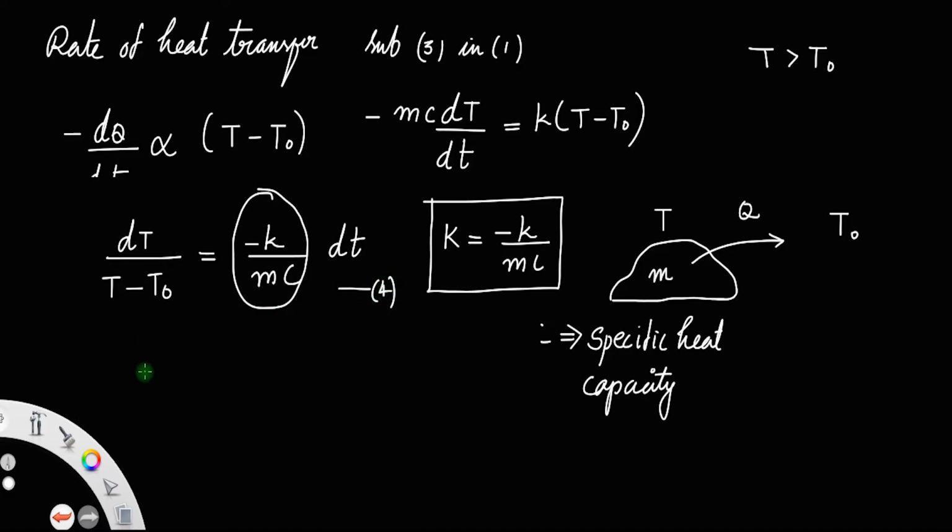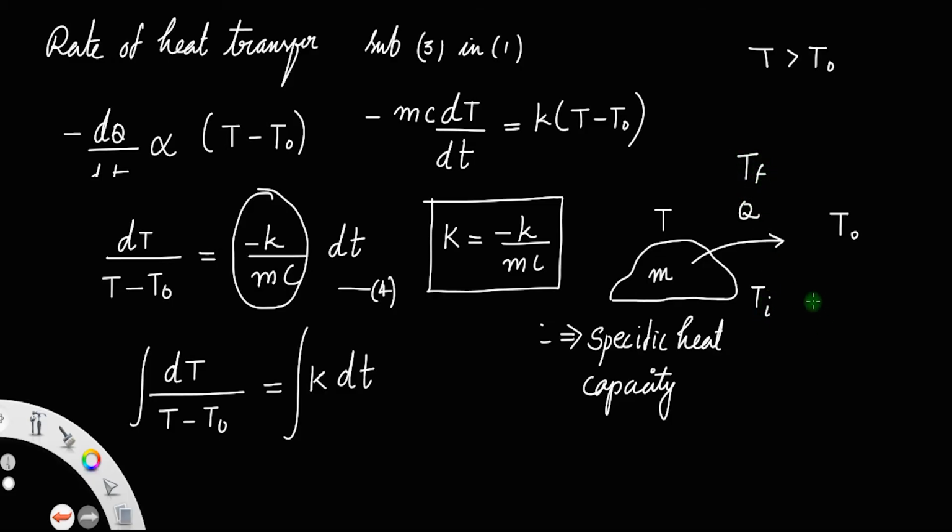If you integrate this equation, you get the integral of dT by T minus T0 is equal to the integral of K dt. Now, let's call the initial temperature of the body Ti and the final temperature Tf.